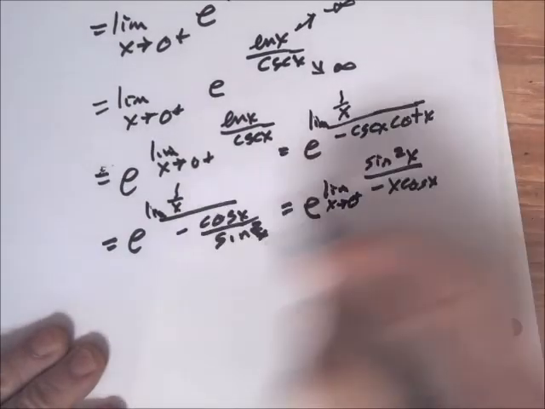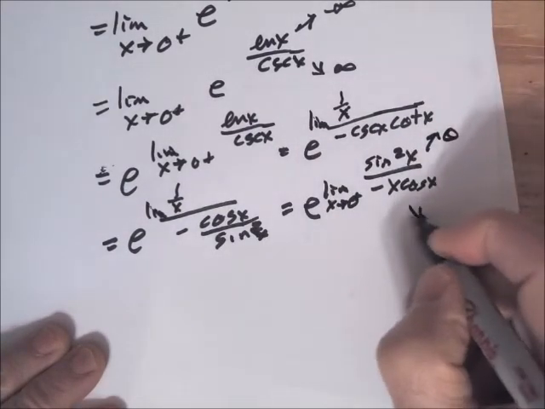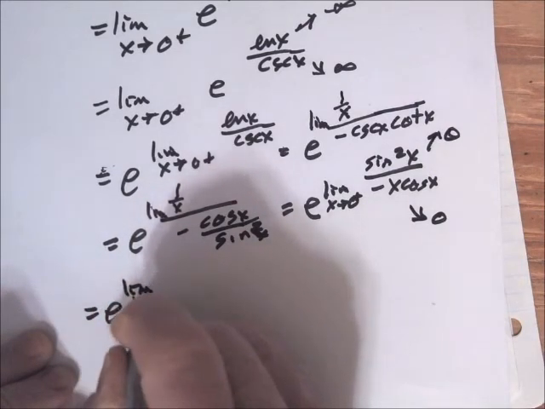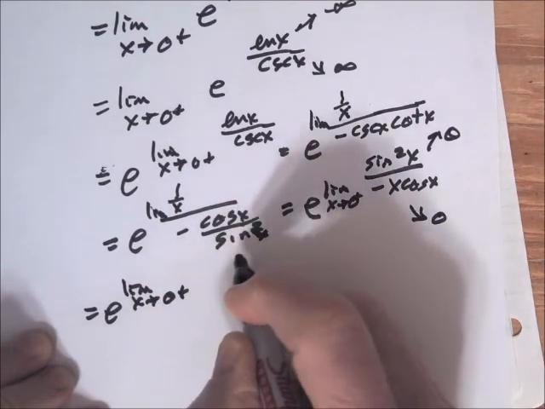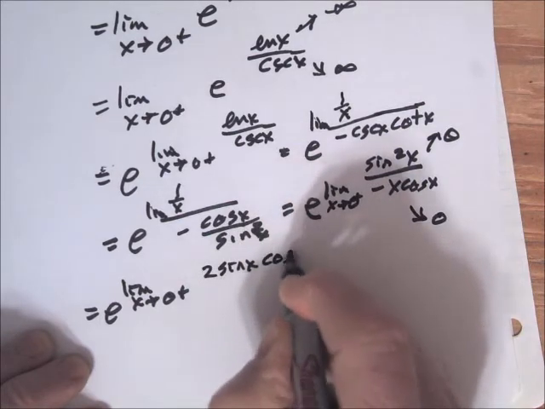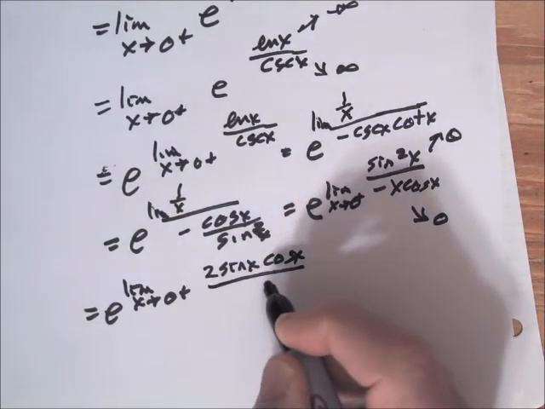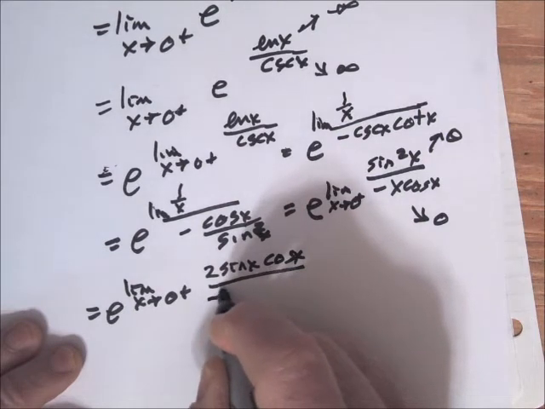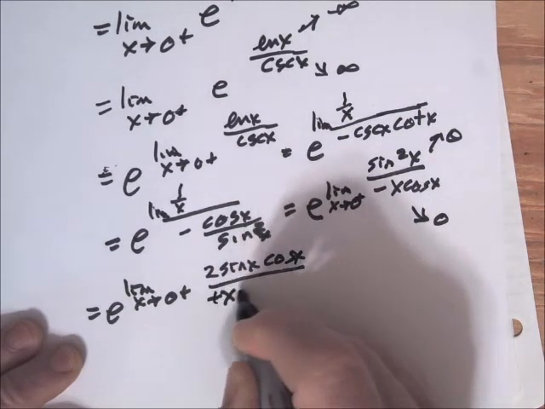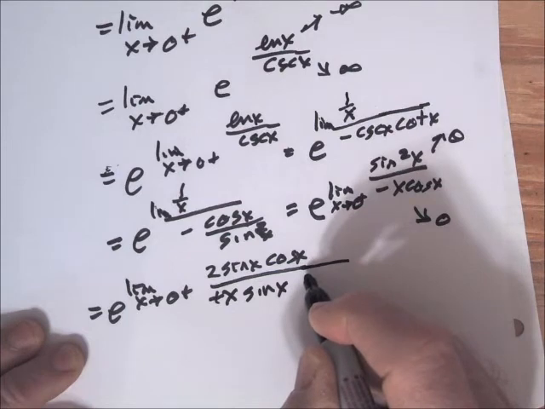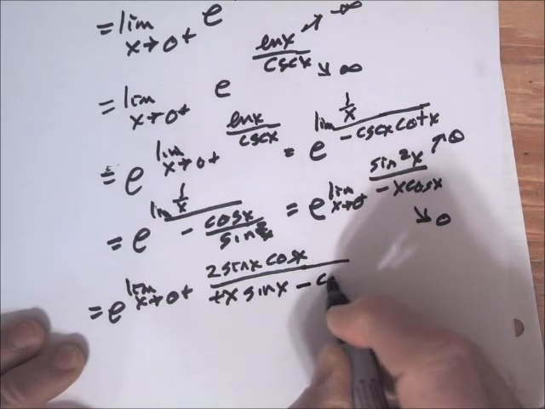So let's apply L'Hopital again. This is 0 over 0. So this is going to be e to the limit as x goes to 0 plus of the derivative of sine squared, that's 2 sine x cosine x, over, and we apply the product rule on the bottom, minus x times the derivative of the cosine, which is minus the sine, so it'll be plus x sine x, and then minus cosine x.